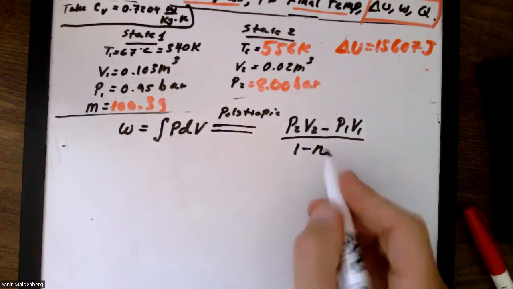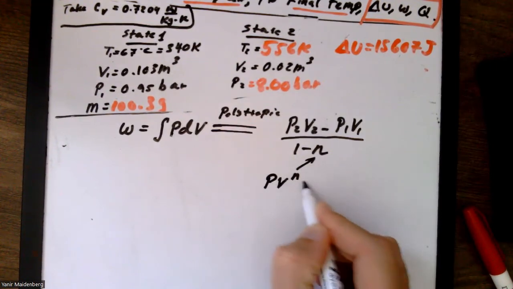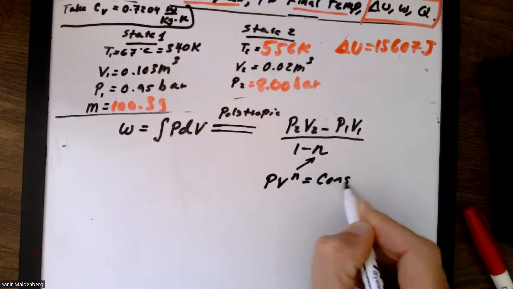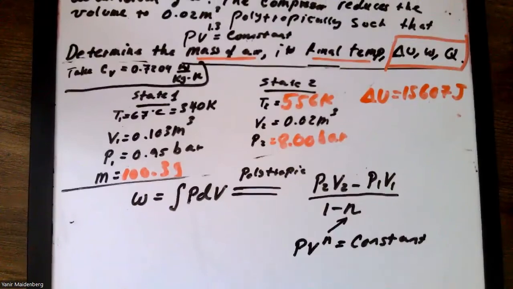What this N is, again, is the exponent of the polytropic process equation. And in our specific question, we could see that N is 1.3.